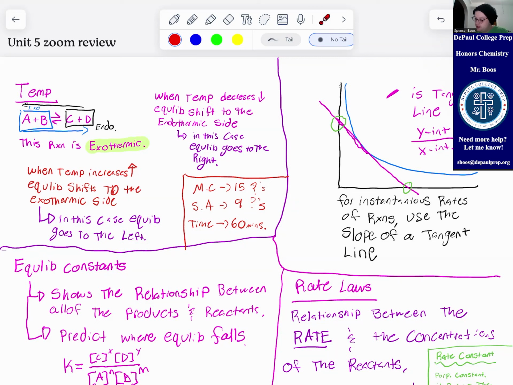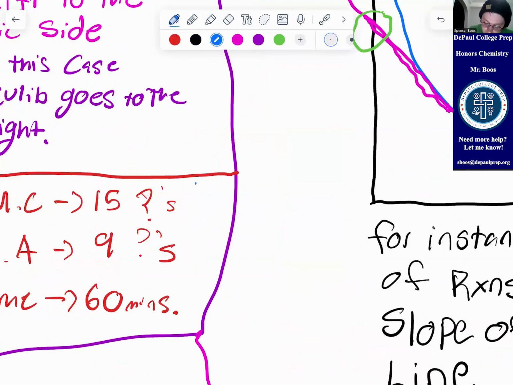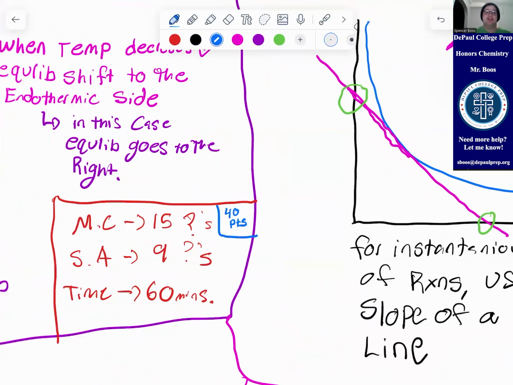So that is another 5. That is another 5. So we've got 10 plus 5 plus 5 plus 5. 25 plus 15. 40 points. Sorry, had to do that math. I didn't know that number off the top of my head. 40 points. So I can actually zoom in here. 40 points. The exam is worth 40 points.